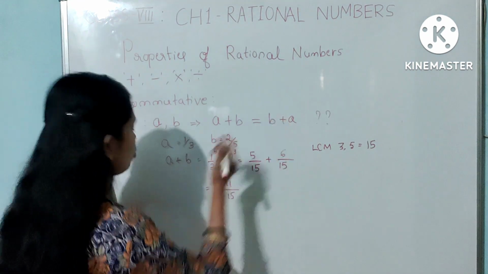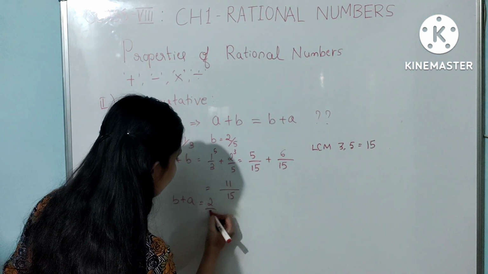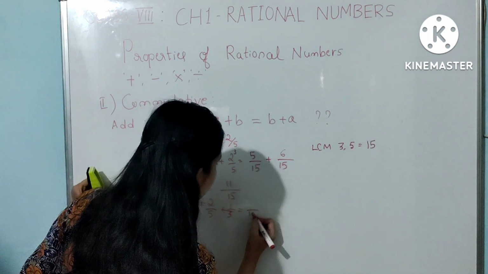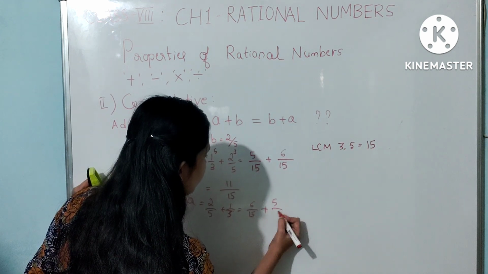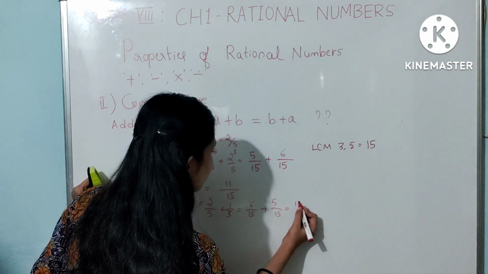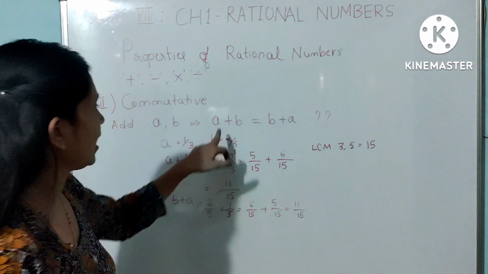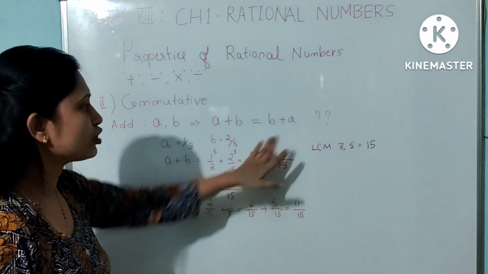Now we'll calculate b plus a. So b plus a is equal to 2/5 plus 1/3. Again, the LCM is 15. 6 plus 5 over 15. The value is 11/15. It's in p by q format. Can we say a plus b is equal to b plus a? Correct, it holds good.